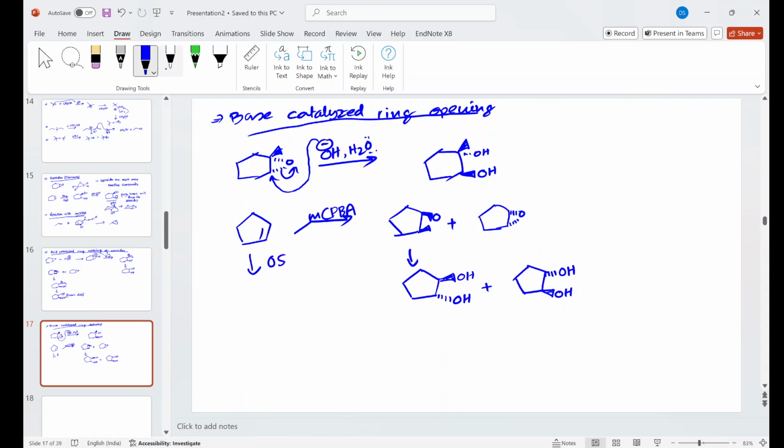On the other hand, if you think of using another reaction which can give you the cis oxidation, we will get to the cis product. So it all depends on how you want your product to be. Depending on that, you can choose the reactant.